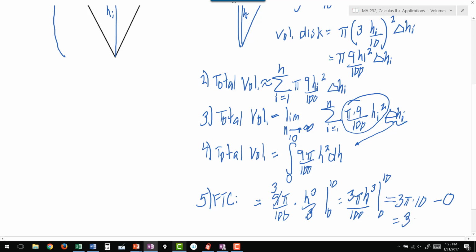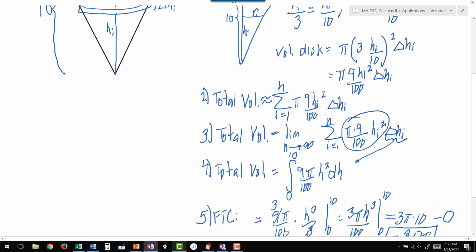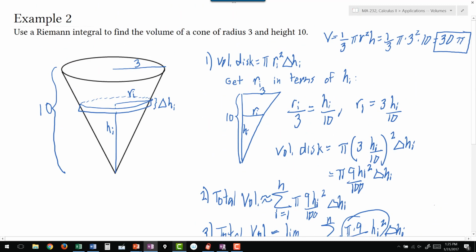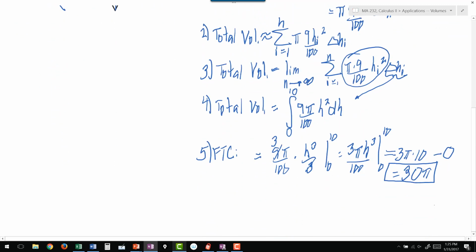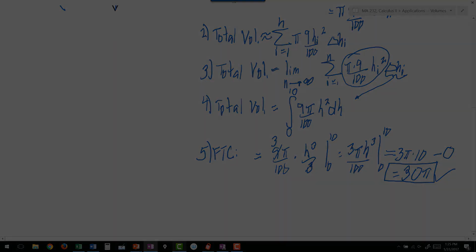So I have 3 pi times 10 minus 0, or 30 pi. And if we glance up at our original work, we see that 30 pi is exactly the volume we were supposed to get using the volume formula for a cone. And that completes the example.